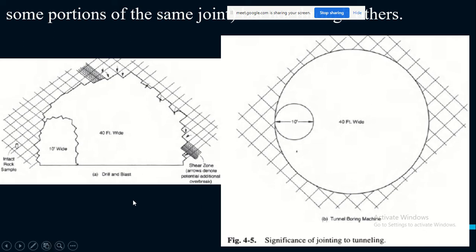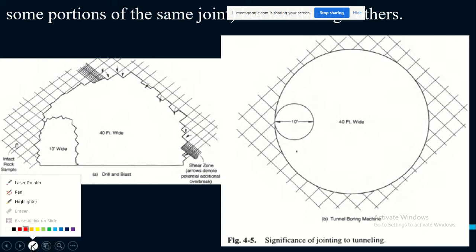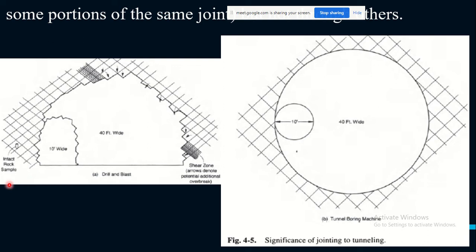As you can see in this diagram, you can see now the danger also. When you sample an intact rock, you can see the discontinuities, but in sampling you might not be able to capture them.